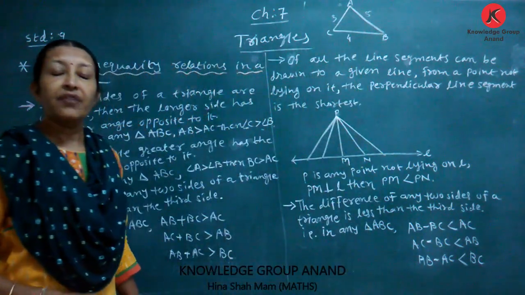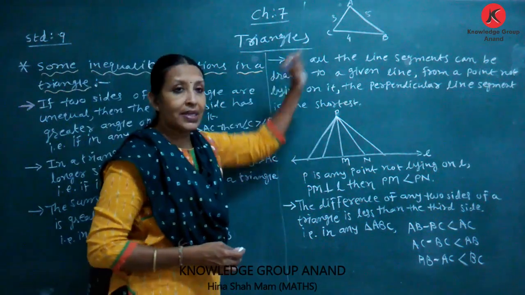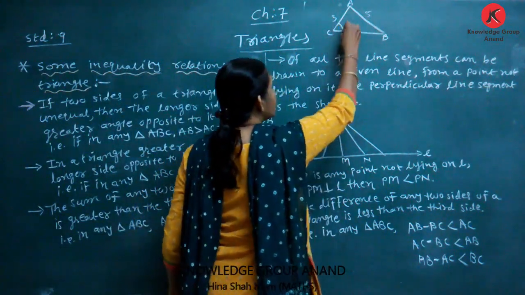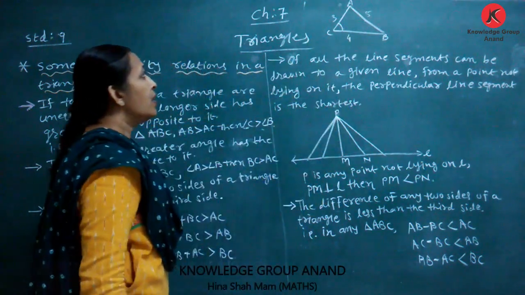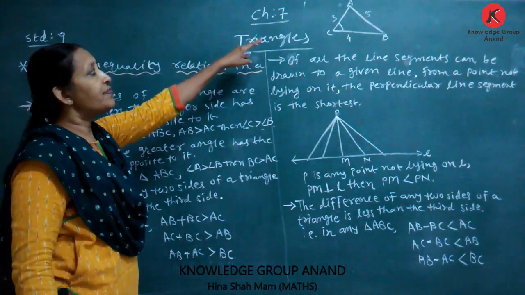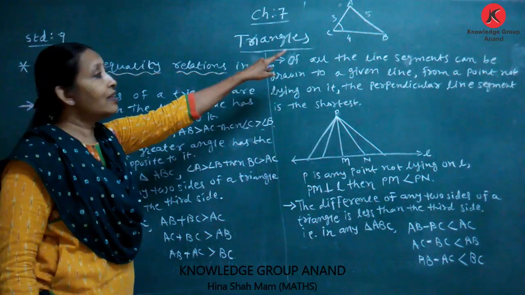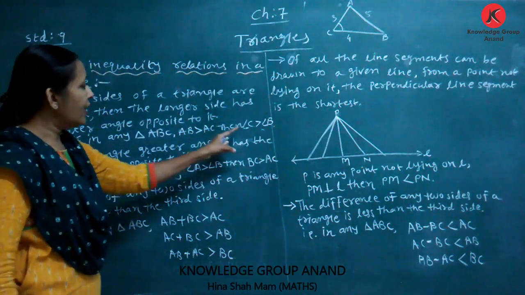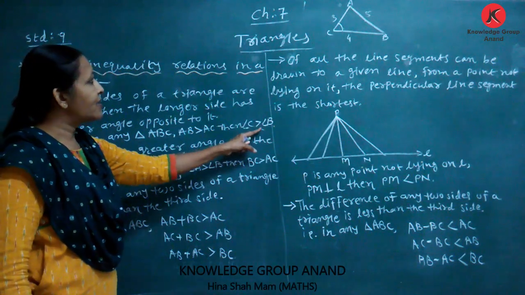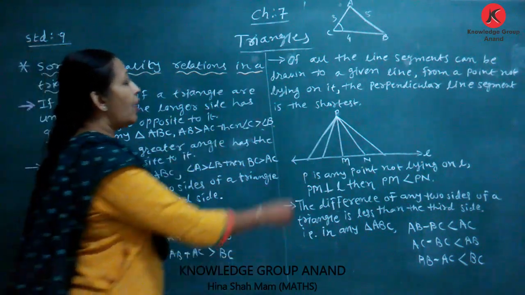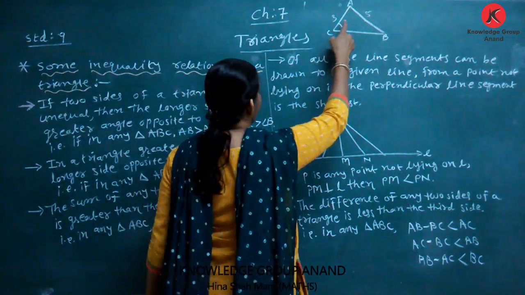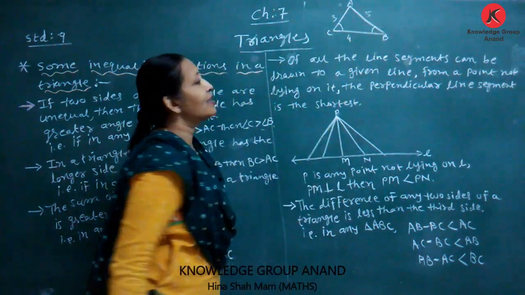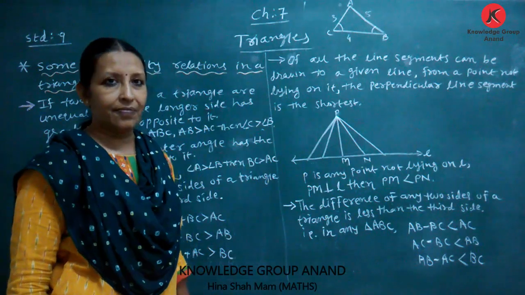Which side is greater? AB is greater, then its opposite angle is also greater. Which is the greatest angle? Angle C is the greatest angle. Therefore, angle C is greater than angle B, opposite sides AB and AC, since AB is greater than AC.